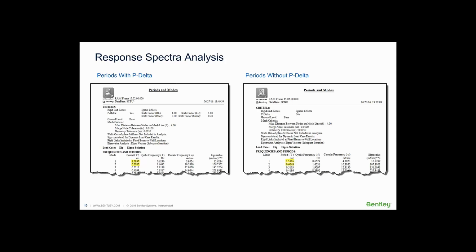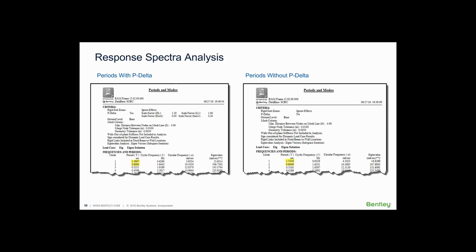And the reason the period is shorter without P delta is because the P delta effects tend to lengthen or soften. They soften the structure and they extend the period of the building. So when you properly apply P delta in the calculation of your periods, you're going to end up with a longer period.